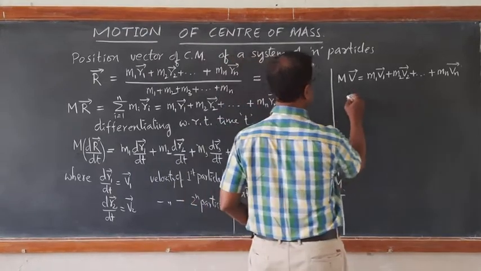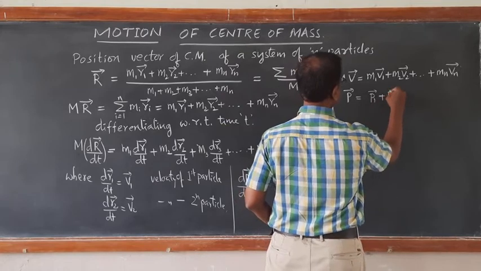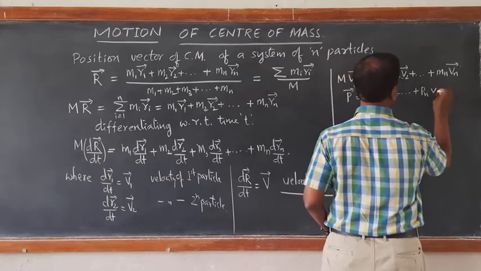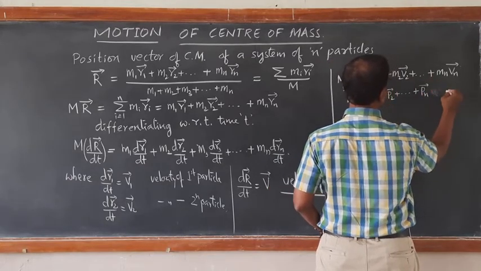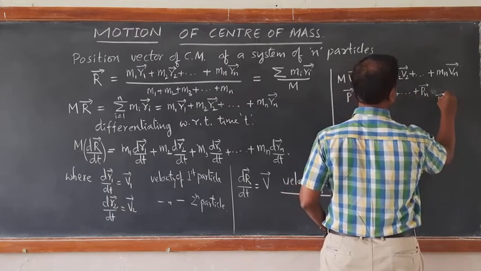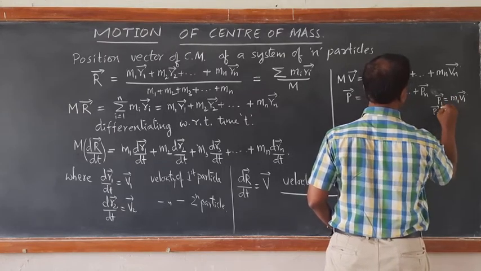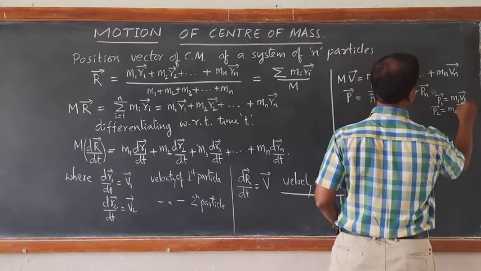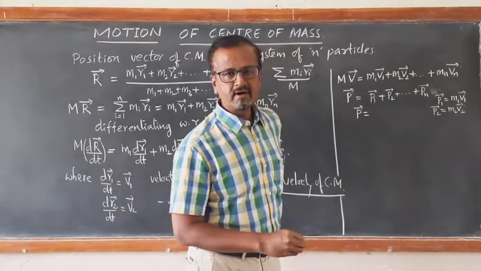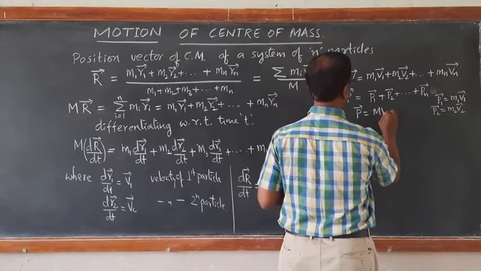So we can write p vector equal to p1 vector plus p2 vector and so on up to pn, where p1 is momentum of first particle m1 v1, p2 is momentum of second particle m2 v2, and p is momentum of center of mass, momentum of entire rigid body or momentum of system of n particles, M v.